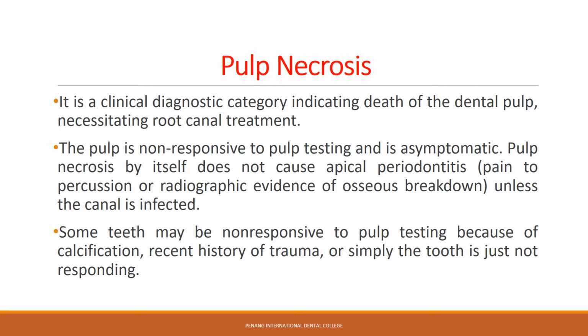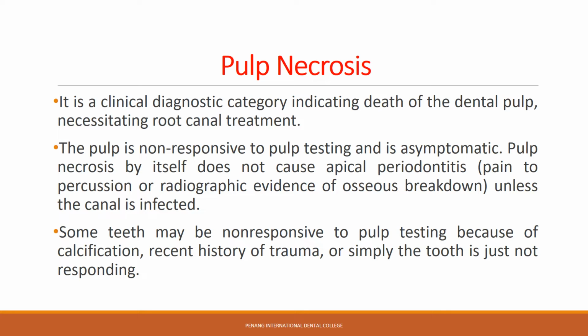The pulp necrosis by itself does not cause apical periodontitis, leading to symptoms such as pain on percussion, or there is radiographic evidence of osseous breakdown unless the canal is totally infected. Some teeth may mimic pulp necrosis, like teeth having calcifications, or the patient has a recent history of trauma, or simply the tooth is just not responding.